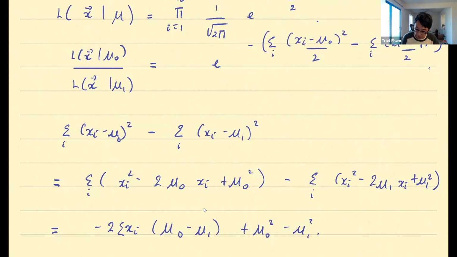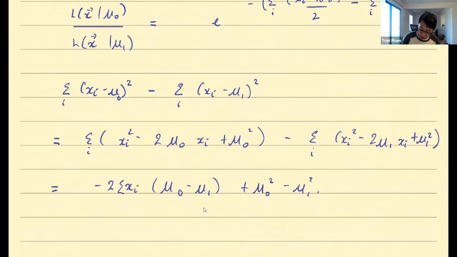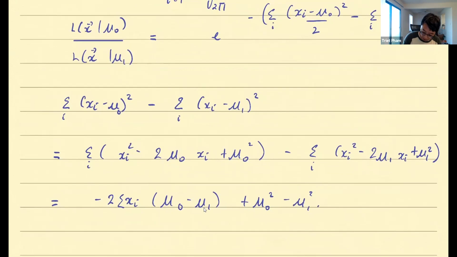All right, so plug that in, I get my likelihood ratio will be exponential of, this minus and this minus cancel. So I get, roughly speaking, 2 mu naught minus mu 1 sum of xi.